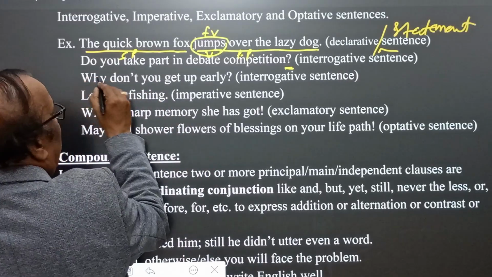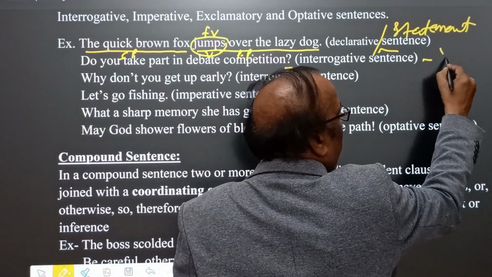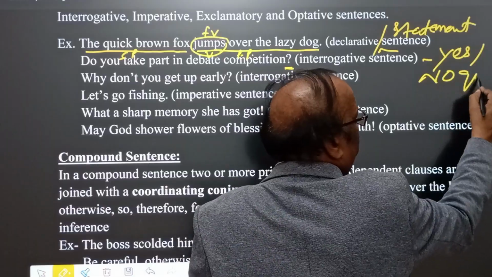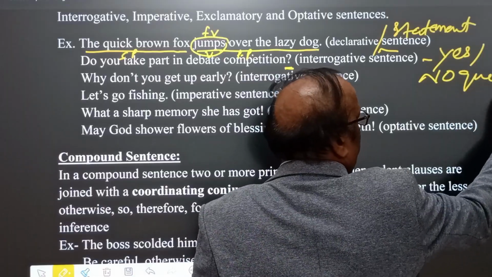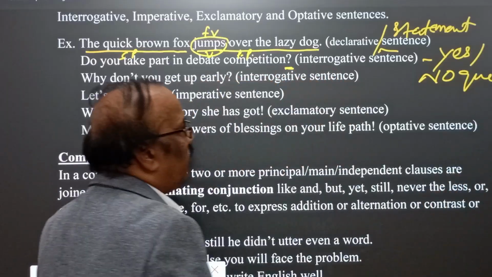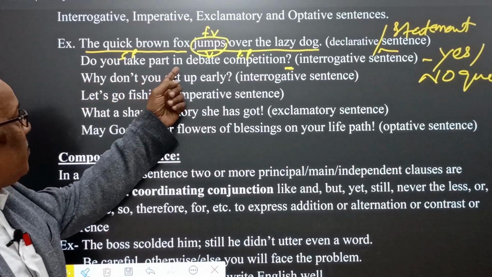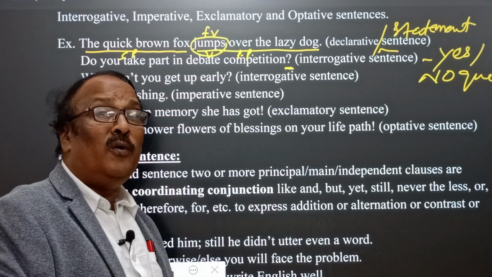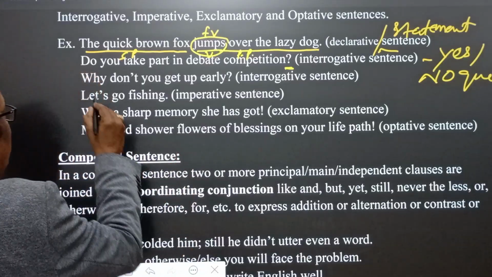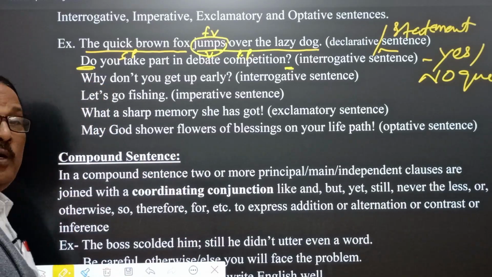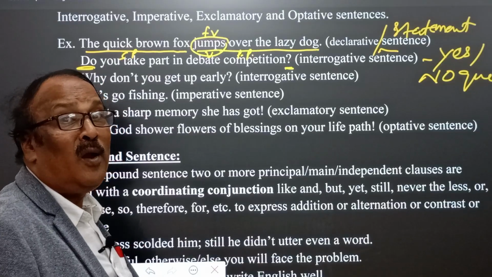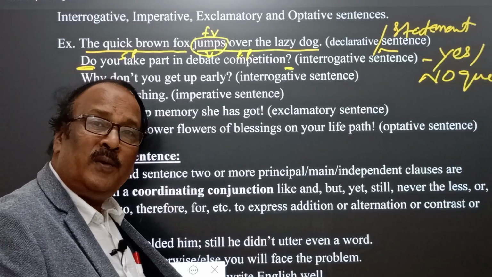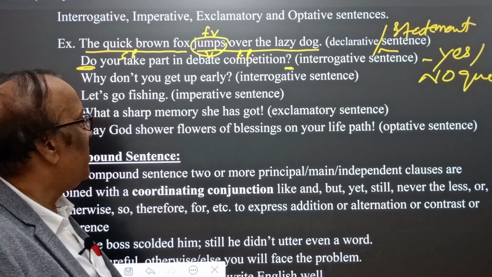This is a yes-no question, because for do you take part in a debate competition, you can say yes or no. Here we find this type of interrogative sentence begins with an auxiliary verb, and the answer may be yes, may be no. Therefore, a yes-no question.